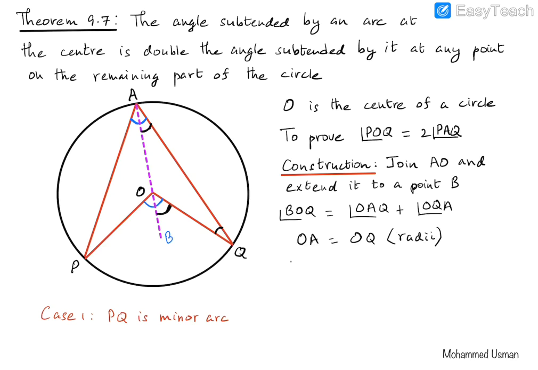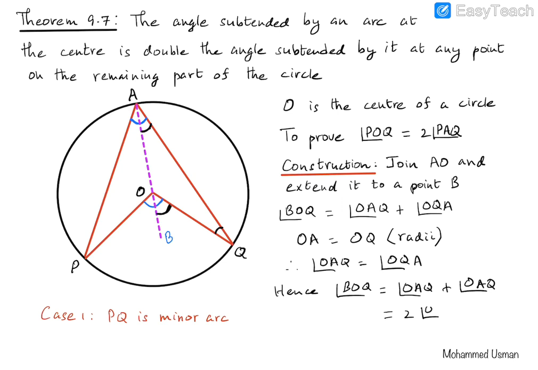So therefore, we can write that angle BOQ is equal to angle OAQ plus angle OAQ, because OQA is equal to OAQ, so that means it is 2 times angle OAQ. So the first observation we have is that the angle BOQ is 2 times the angle OAQ.